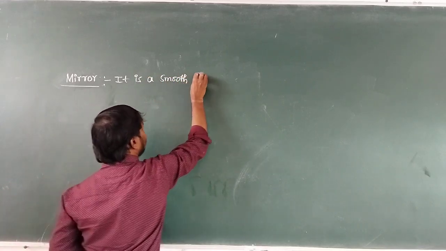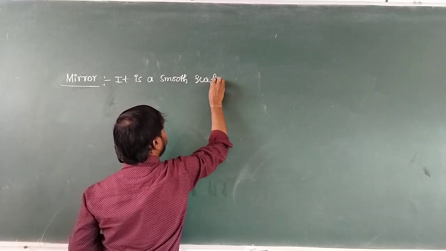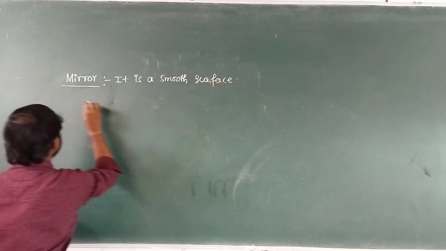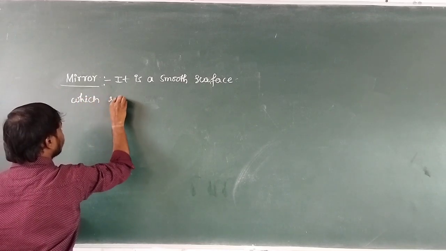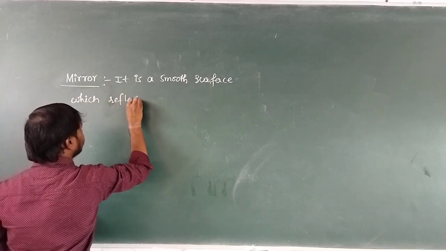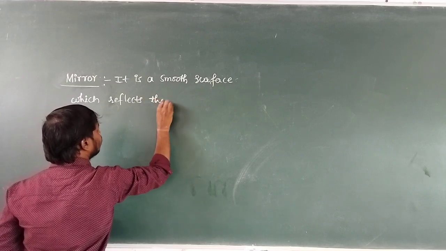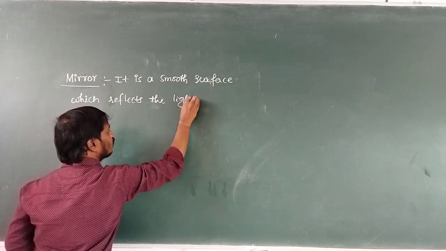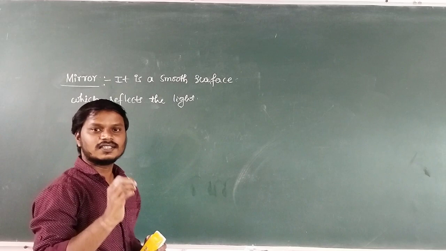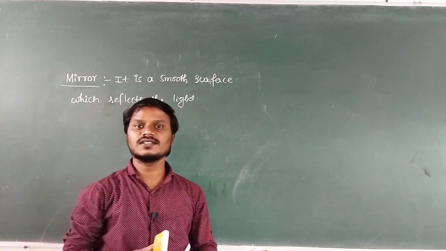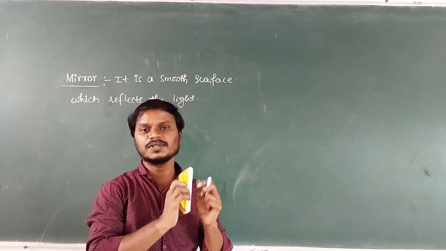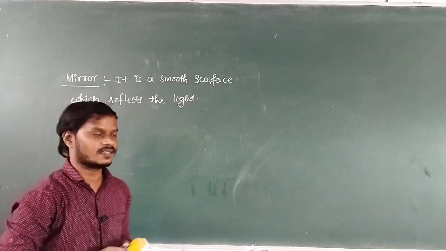In case of a mirror, one surface is polished and another surface is reflecting. At the reflecting surface, the reflection of light takes place.